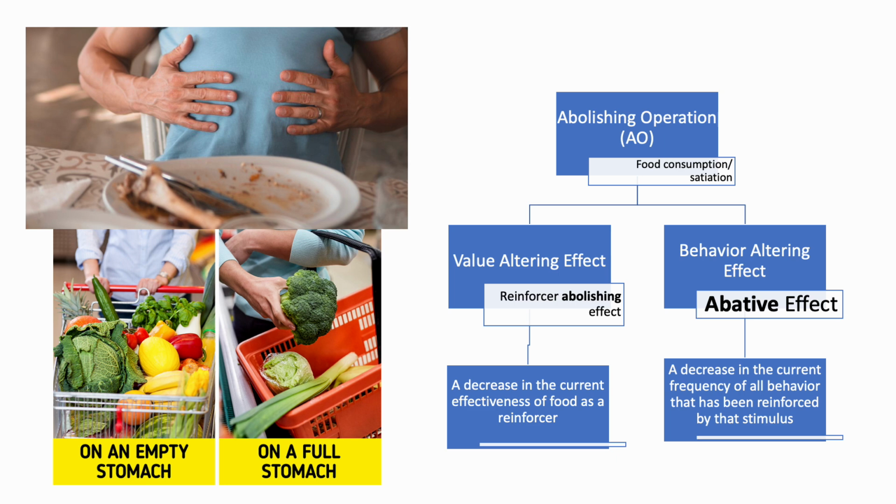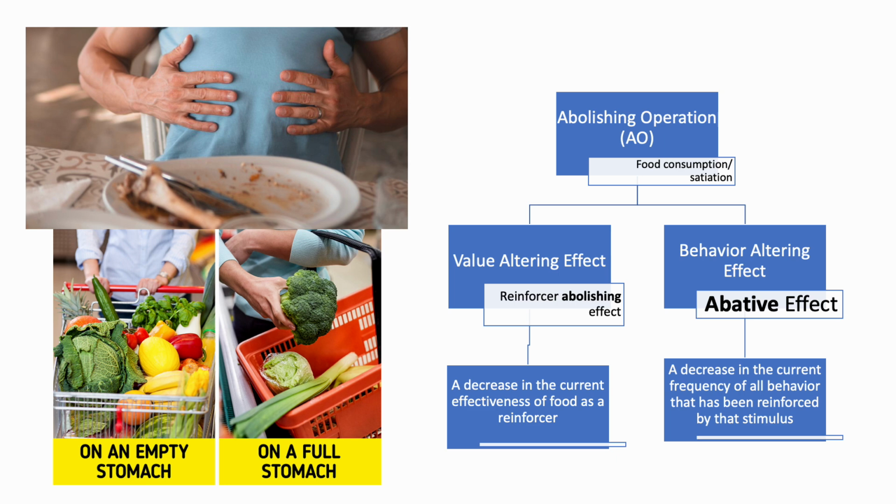Okay, so those are the value altering and behavior altering effects, which we also had within the establishing operations. But in the case of an abolishing operation, the value altering effect is when we see a decrease in the current effectiveness of that particular reinforcer. So in this case, food is going to be less valuable and it's not going to function as well as a reinforcer.